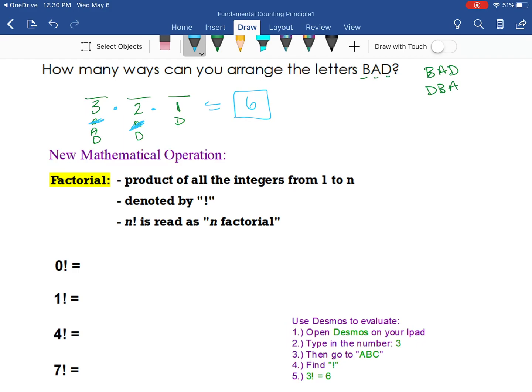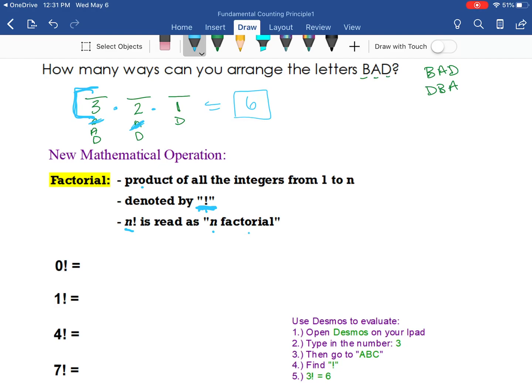And this leads us into our next new piece, which is this new mathematical operation called a factorial, which is what we just did right here. So looking at a factorial, its definition is it's the product of all the integers from 1 to n. It's denoted by an exclamation point. This is a factorial symbol. And so n! is read as n factorial.